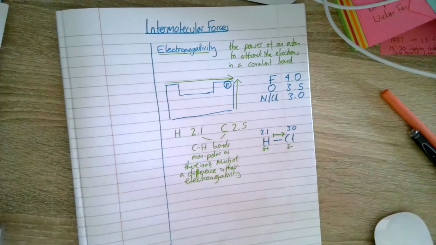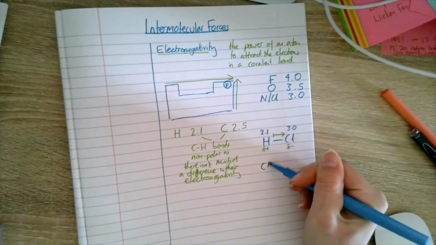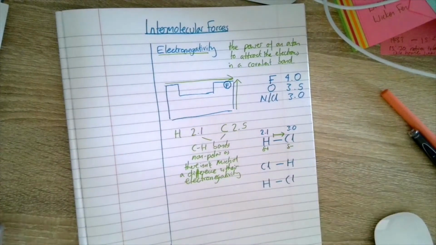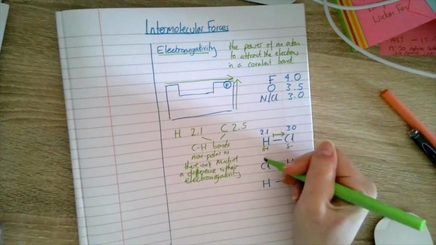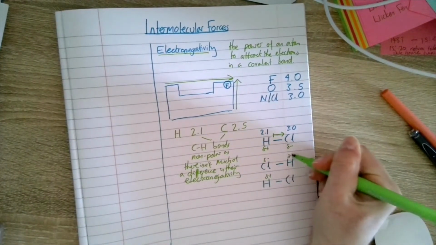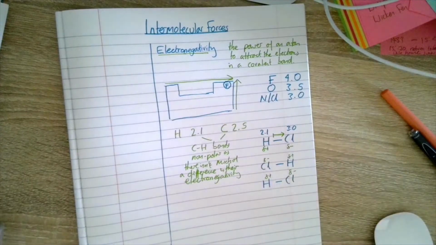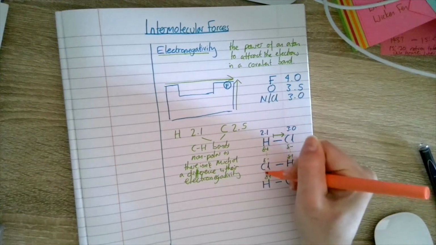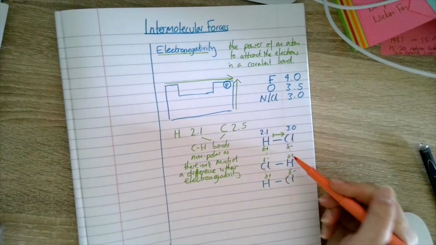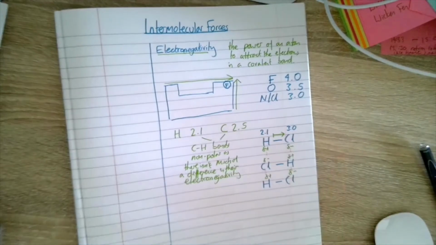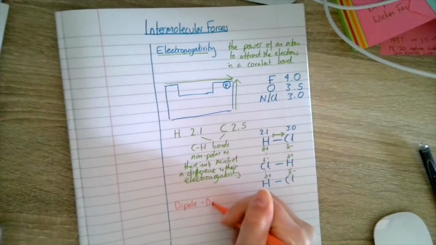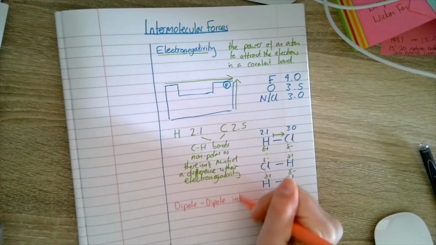So with our HCl molecules, we could have multiple molecules, and in each case the bond is going to be polar, and then we can have attraction between the delta positives and the delta negatives, and this is our dipole-dipole interactions.